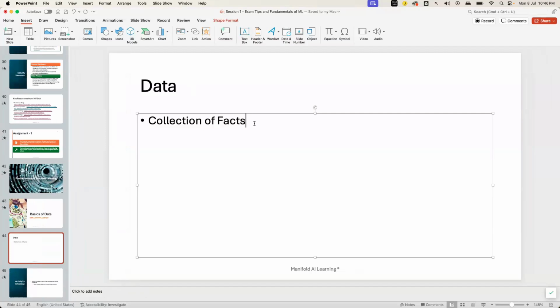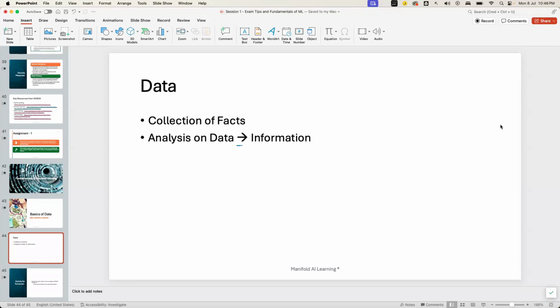Now, when we say information, information is nothing but what we get when we perform analysis on the data set. If I perform the analysis on the data, that's when we call it information. Now, if I have, let's say, the last 10 days temperature, and I perform the analysis, maybe I'll simply take an average of the last 10 days temperature.